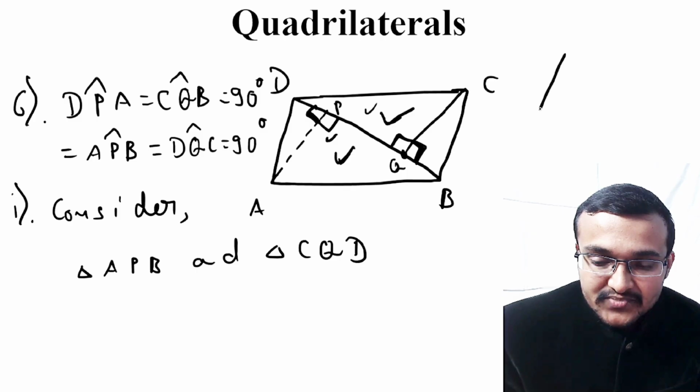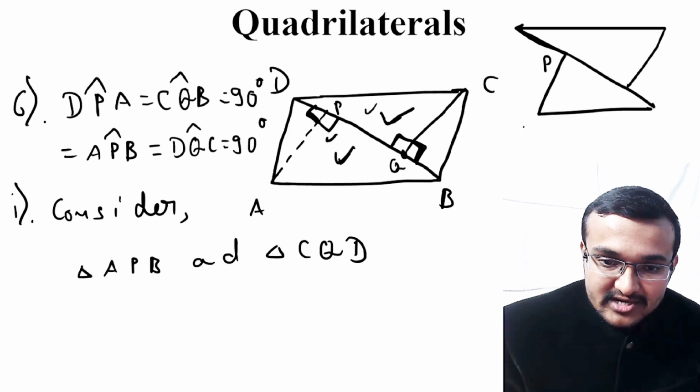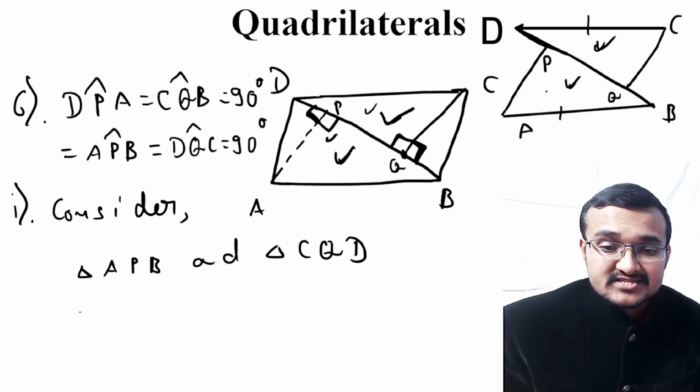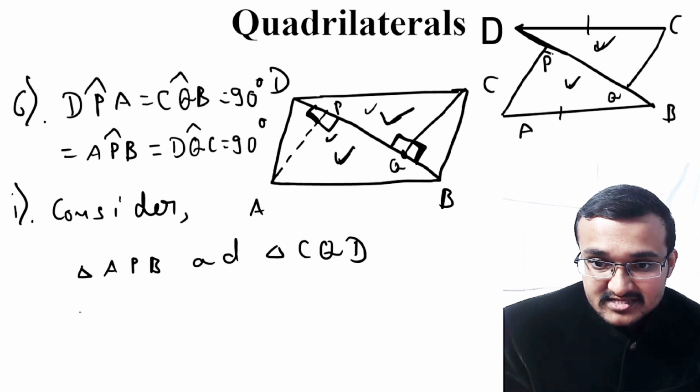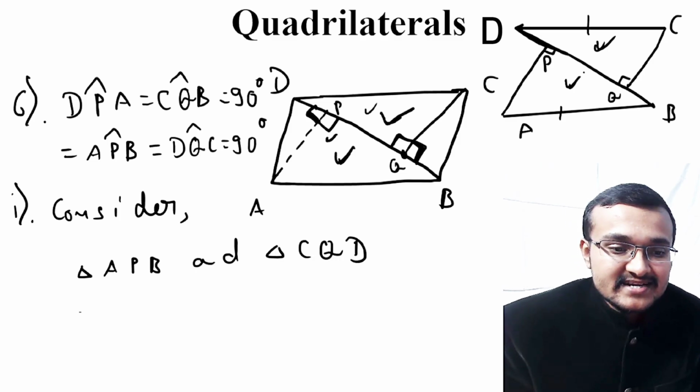Basically we are considering these two triangles. The below triangle is APB and the above triangle is CQD. Now we will consider this particular angle and this particular angle. Both are equal because both are 90 degrees.